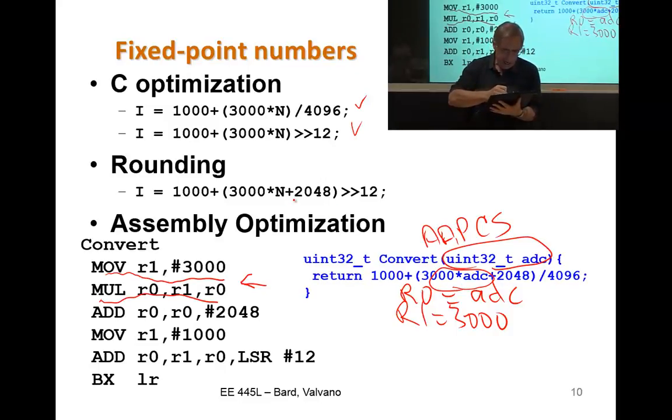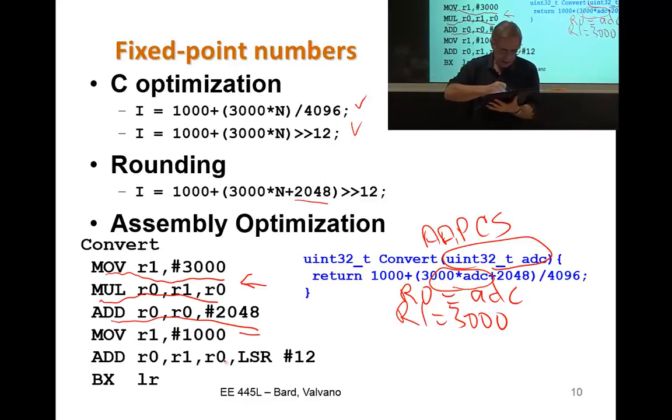If you add half of the divisor, that'll cause rounding if it's unsigned. If it's signed, it's a lot more complicated to do rounding. But adding half of the divisor will cause rounding. So there's the rounding operation.